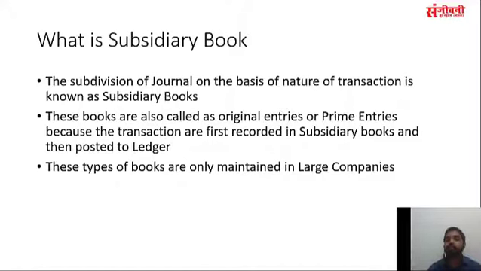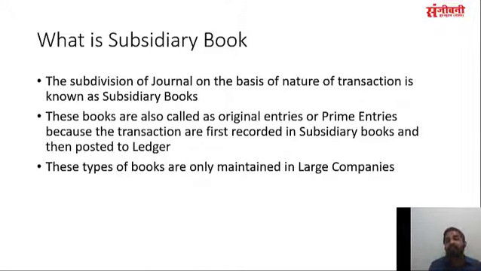But in larger companies, with only a journal entry, they can't synchronize or check which transaction is done where, on which page number. There is a lot of confusion, and it takes a lot of time to go through. That's why it is subdivided into different books.